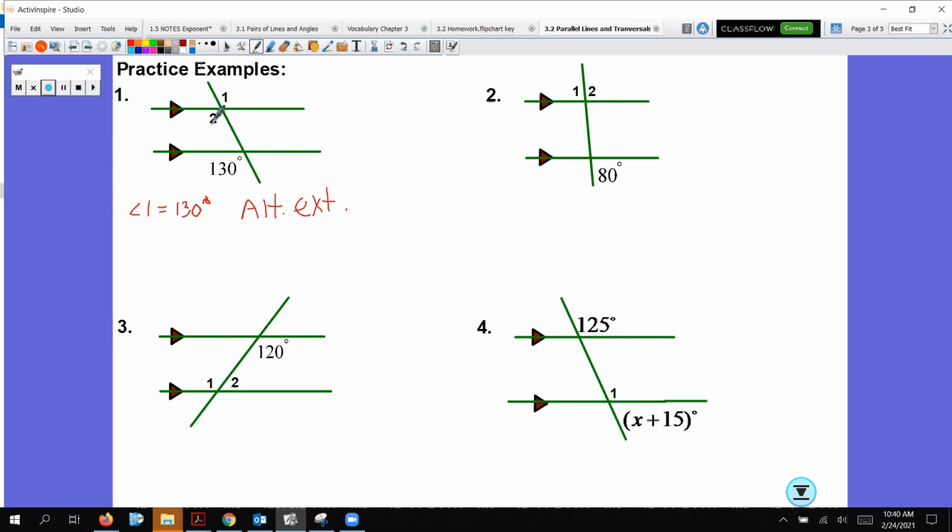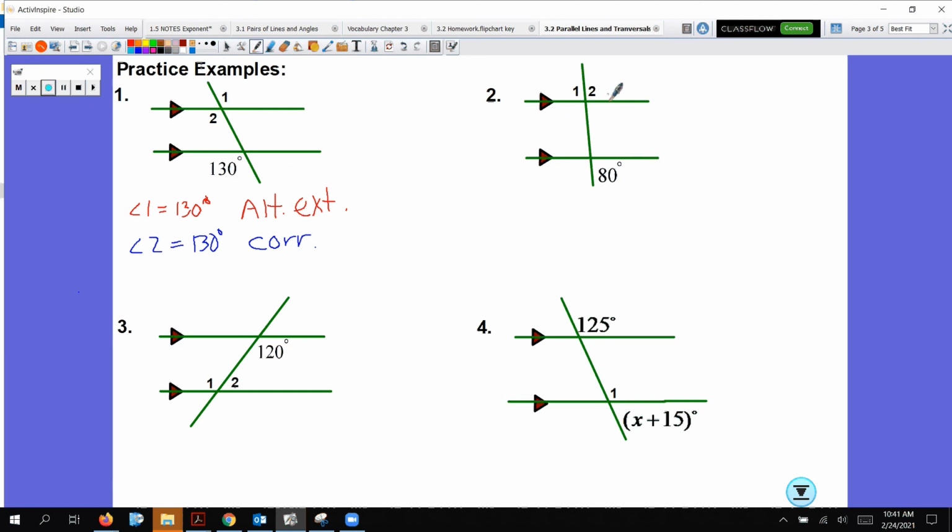Then when I look at angle 2, well, angle 2 is equal to 130 degrees because it's corresponding. So I'm also going to abbreviate corresponding, okay? Beautiful. Let's move on.